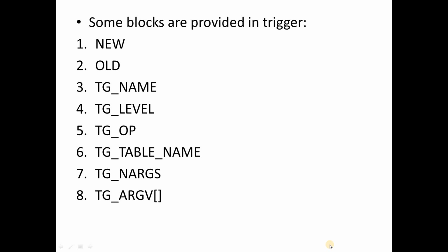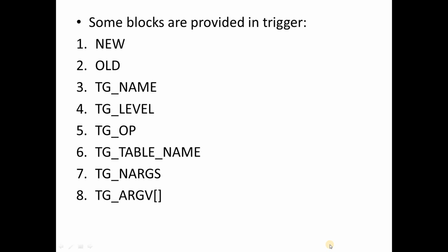First of all, NEW, second is OLD, third is TG_NAME, TG_LEVEL, TG_WHEN, TG_OP, TG_TABLE_NAME, TG_NARGS and TG_ARGV. Those are 9 predefined variables which are supported in your trigger. Those variables can hold some value whenever your trigger is fired. So those variables hold some particular value at that time.